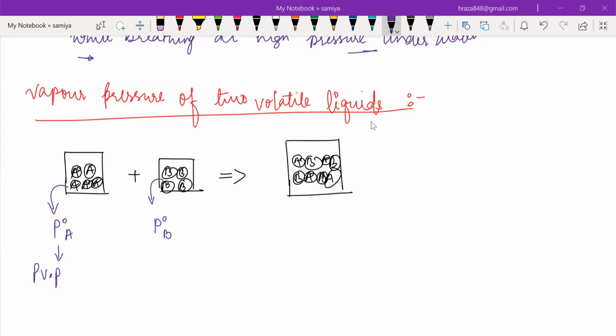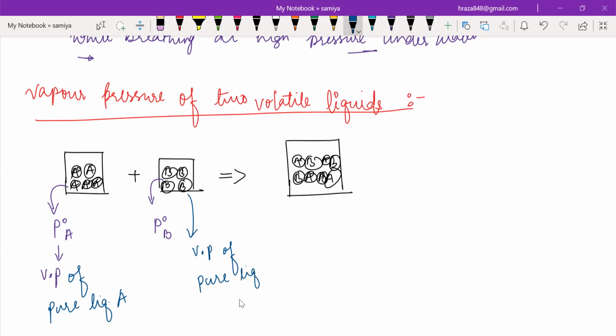Got it? And volatility depends on the compound, in which type of compound it is. Some are more volatile, some are less volatile. So basically this is the vapor pressure of pure liquid A. This is the vapor pressure of pure liquid B. Now when they mix with each other, they will be known as PA and PB.